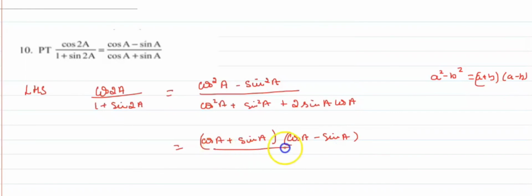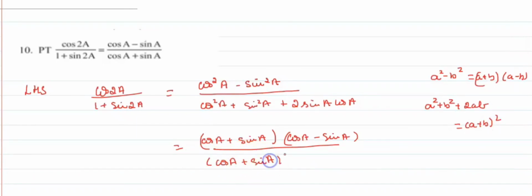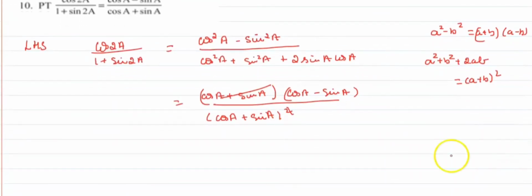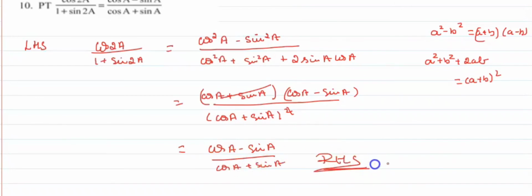The denominator is in the form of a square plus b square plus 2ab, so I will write this as (a plus b) whole square, that is (cos A plus sin A) whole square. One factor and one factor will get cancelled. What is left is (cos A minus sin A) by (cos A plus sin A), which is your RHS. Hope you have understood this.